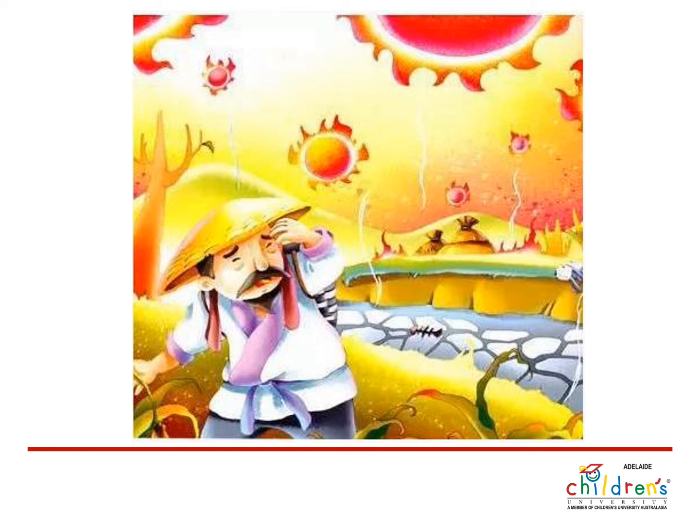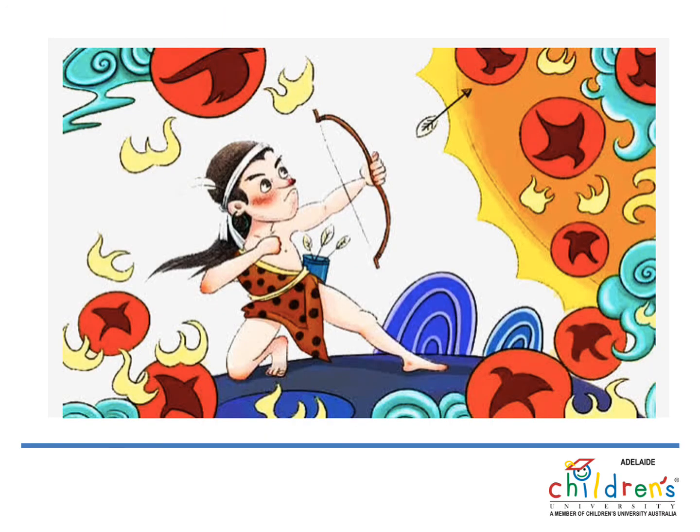So the god of the sky went to persuade the suns to go back to their own routine. But they were having so much fun that they ignored the king of the gods. So the king of the gods decided to send Yi, who has a magic bow and 10 arrows, to shoot down the suns.